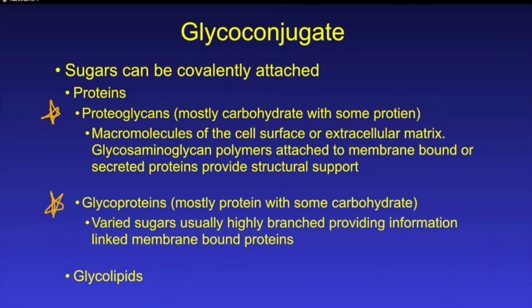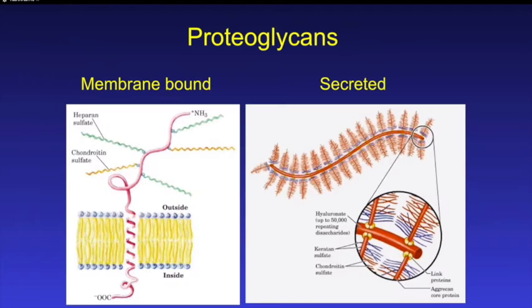The glycolipids are similar in that they are varied sugars that are highly branched to provide information on the outside of cells. One thing about both glycoproteins and glycolipids: we find them almost exclusively on the outside of cells, never really oriented to the cytosol.